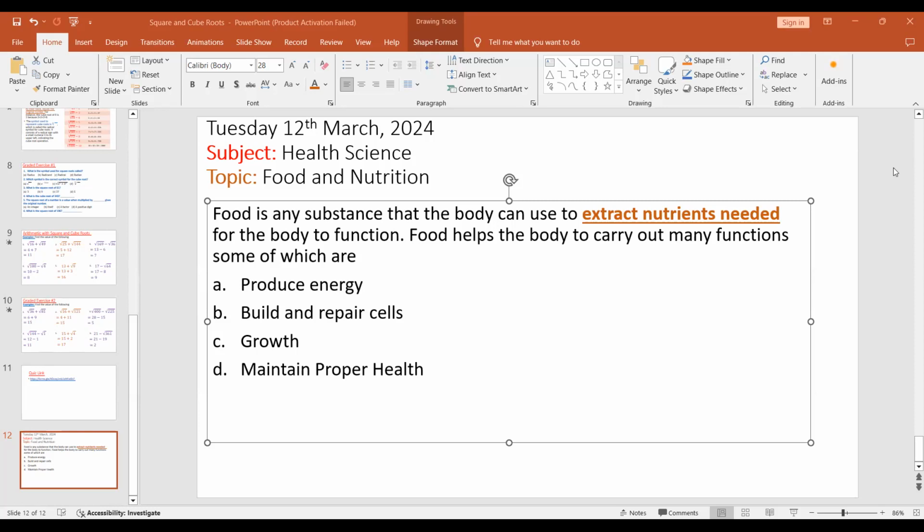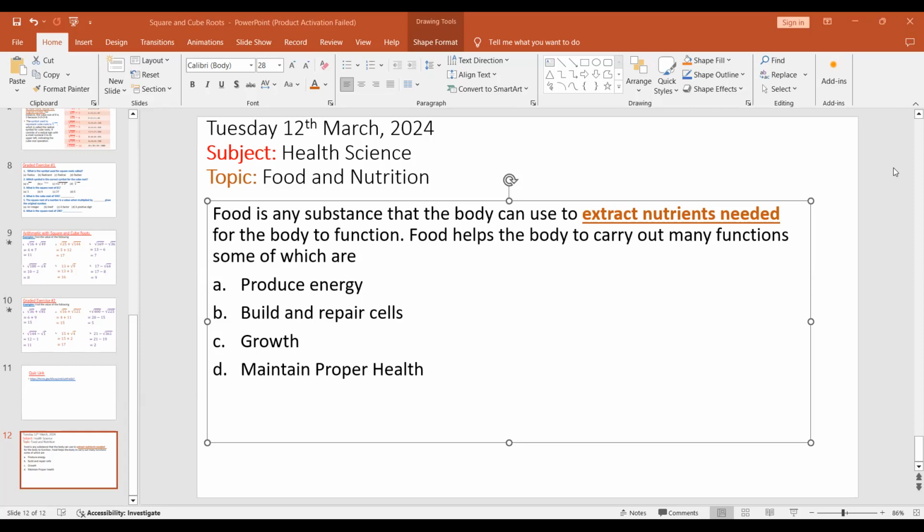And Myla, give me another function that food helps the body to carry out. Can you repeat the question, please? Give me a function that food helps the body to carry out. Helps to keep the body working properly. No, one of the functions that I mentioned.